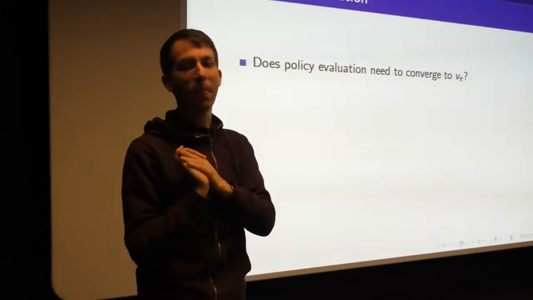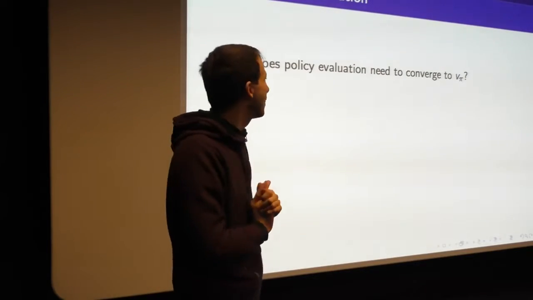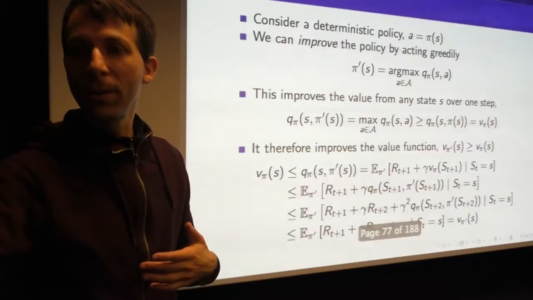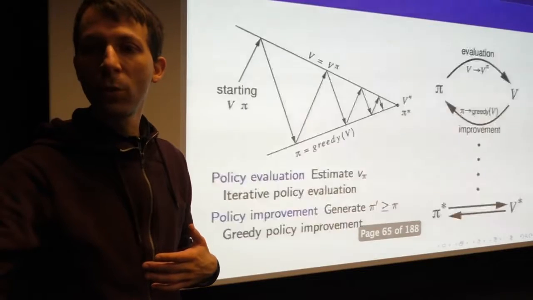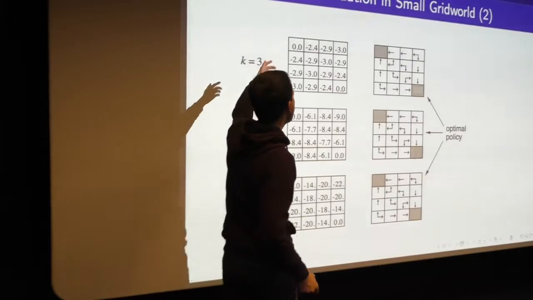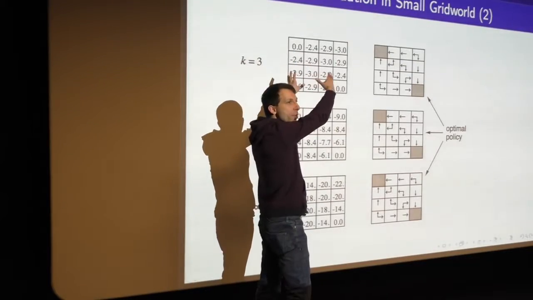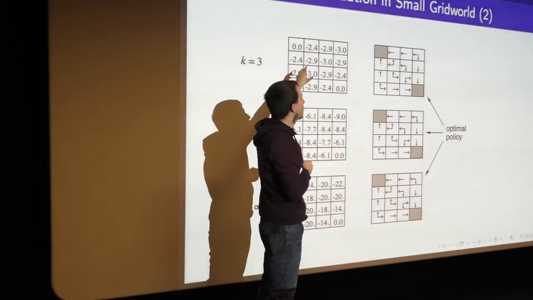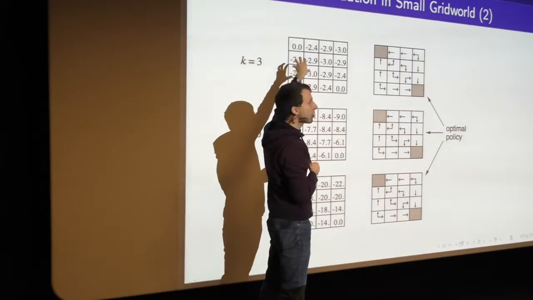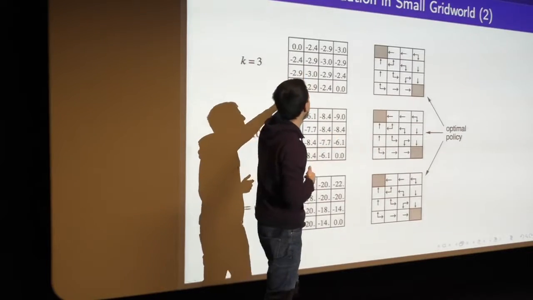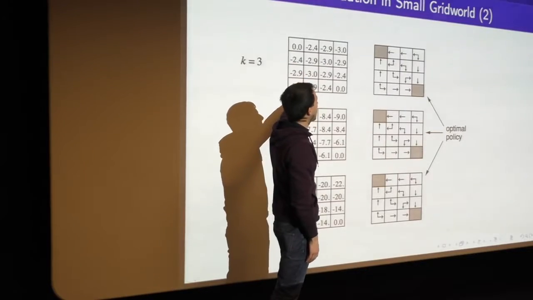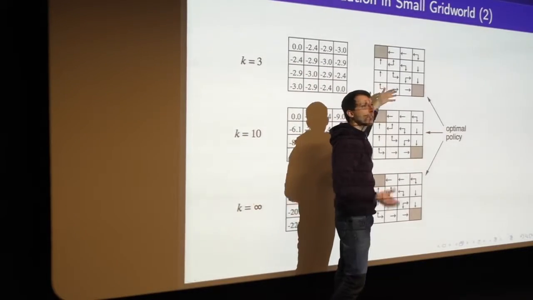Okay, so there was a great question there. If we go back to our example of the small grid world, we saw that even after doing a very approximate job of figuring out the value of our policy, even if you didn't figure out exactly your V pi, even if you just did a few iterations of your Bellman expectation equation, you got some very crude estimate of how good each state is, and acting greedily with respect to that was already enough in this problem.